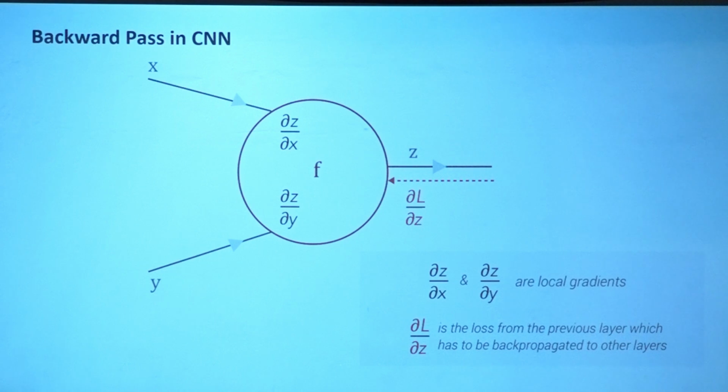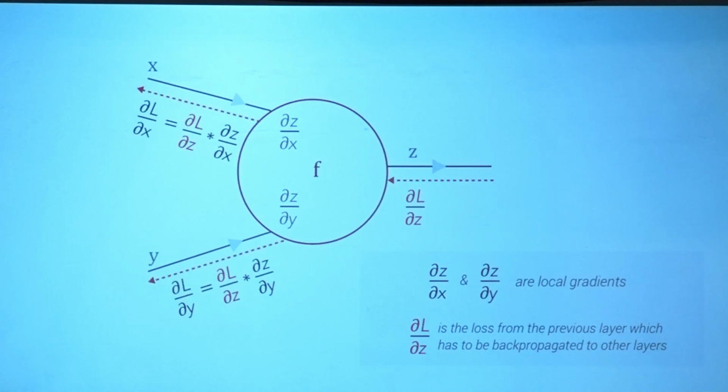But what we need are the gradients dou L by dou x and dou L by dou y, the derivatives of the loss with respect to the inputs x and y, so that you can update the input parameters x and y. So how do we calculate this? Just now we discussed with the simple computational graph: using the chain rule of differentiation, from the local gradients and the loss from the previous layer dou L by dou z, you can get this. This is clear. Now let me take you deeper into this concept.